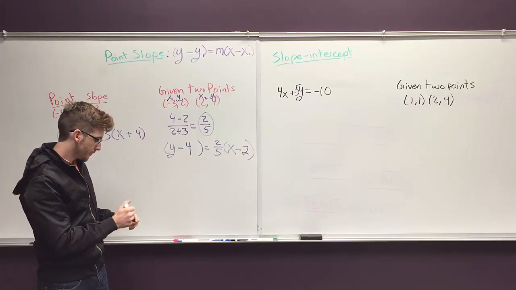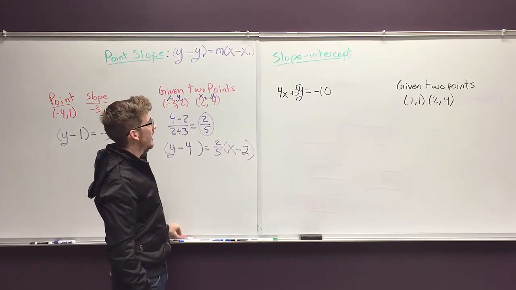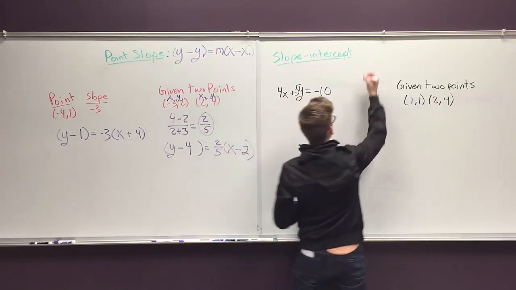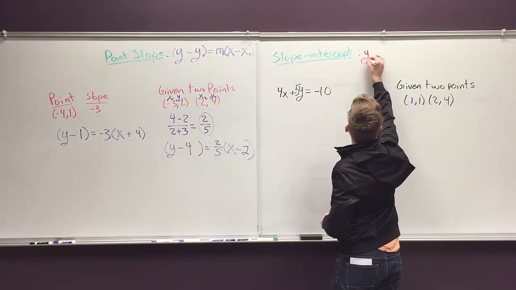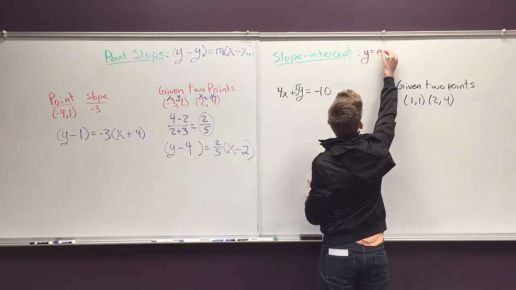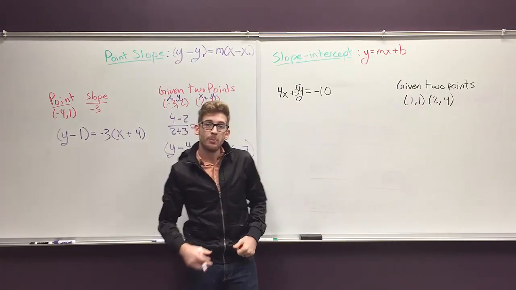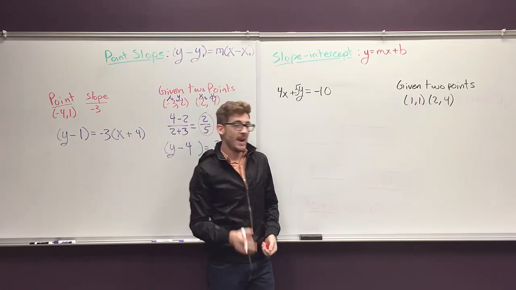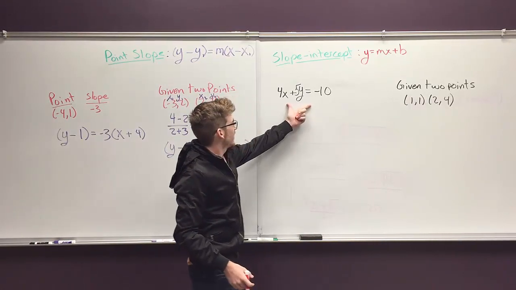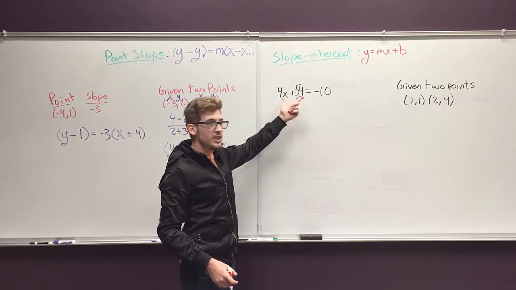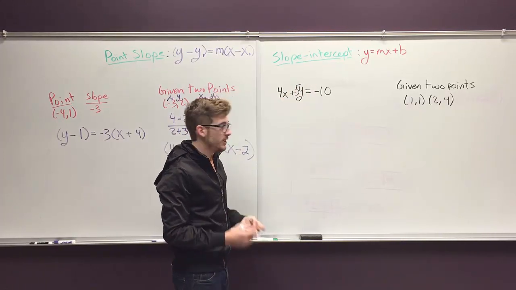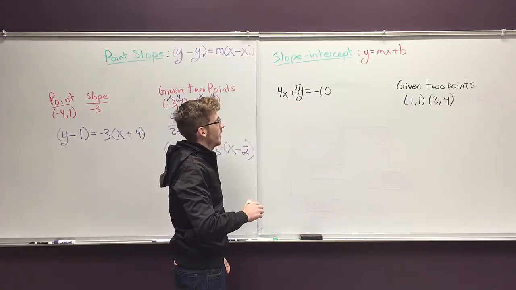That's all you need. Now, let's look at the slope intercept form. And I think this is the one that most people will remember from high school, is y equals mx plus b, where m is the slope and b is the y-intercept. Now, if we're given a line like this, how do we change it to that? Well, first thing we got to do is get y by itself.